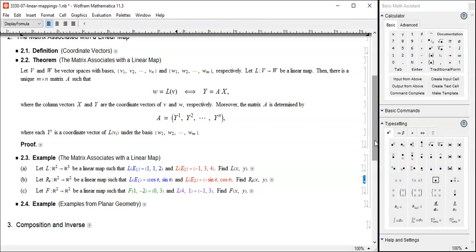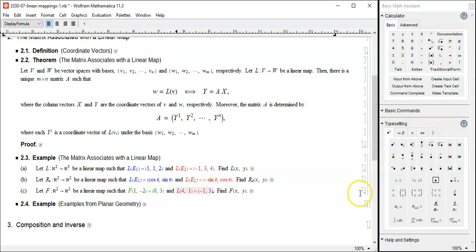Let's see, do we have another example here? R2 to R2. Okay, this is a little bit different. Previously, E1 was going to something and E2 was going to something, so we had this column expression directly. But this time it's a little bit different. This is not E1: (1, -2) and this is (4, 1).